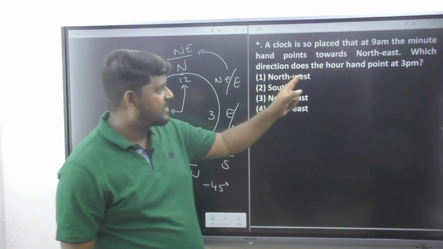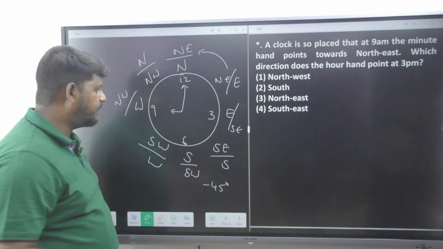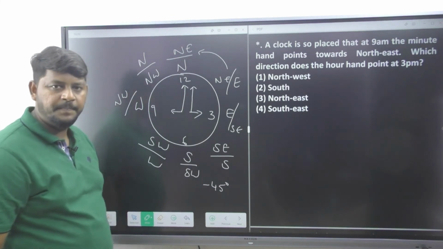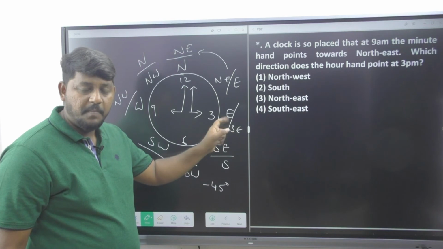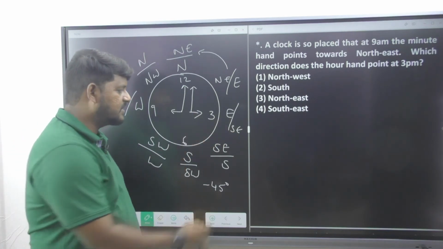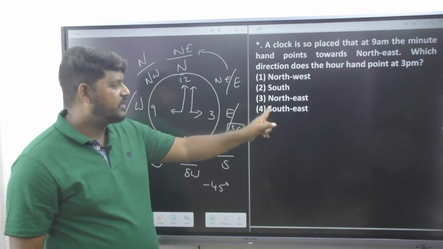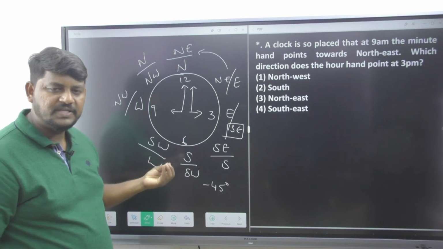Now the question is asking which direction the hour hand pointed at 3 p.m. See, please observe, at 3 p.m. you are going to see it in this way. Originally the hour hand is pointing towards east only, but you are supposed to consider the answer based on the assumption. So our answer is what? Southeast, option number 4. Very clearly we have discussed this in the basics.